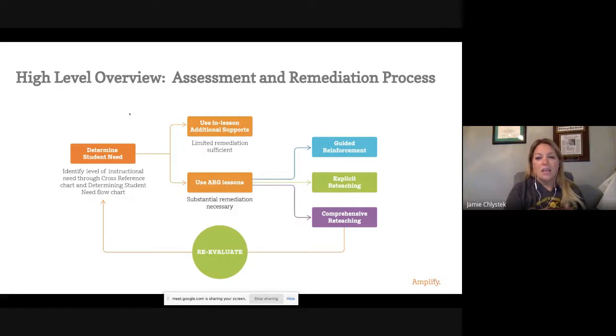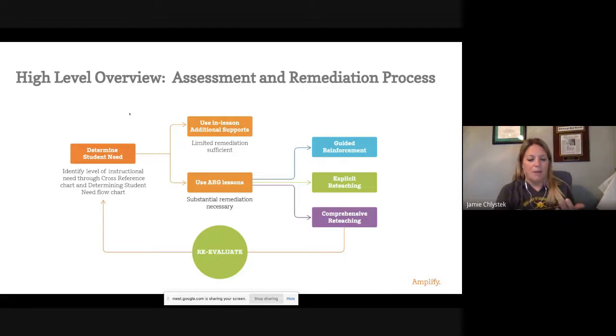And in a program like CKLA, where you have additional assessment and remediation lessons and activities included, how do you use those in this big picture process? For me anyways, this image helps me think about it. If I have needs in my classroom, maybe whole class needs, maybe groups of students' needs, and maybe down to very individual needs, I've got to figure out what those needs are first.